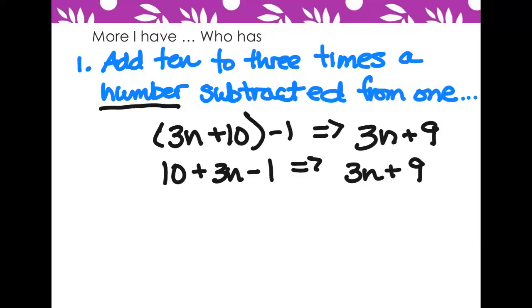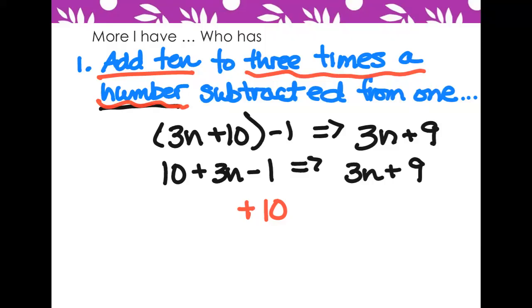Now, I got something different, and maybe I'm wrong. Add 10, so I'm going to say plus 10 to 3 times a number. I'm adding 10 to 3 times a number subtracted from 1. What is being subtracted from 1? I can't hear you. Yeah.